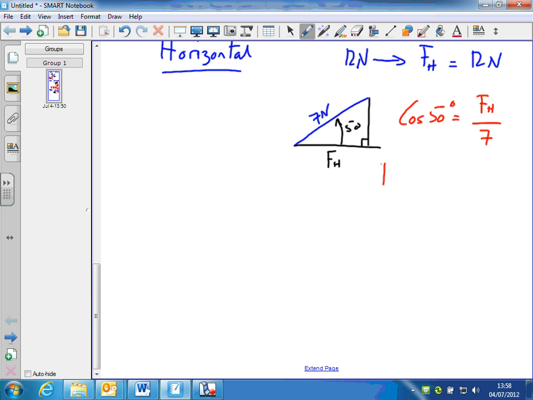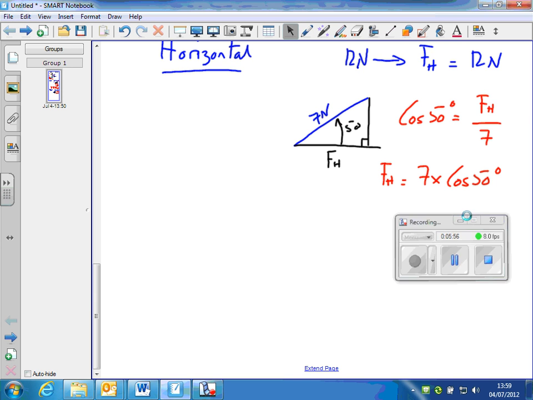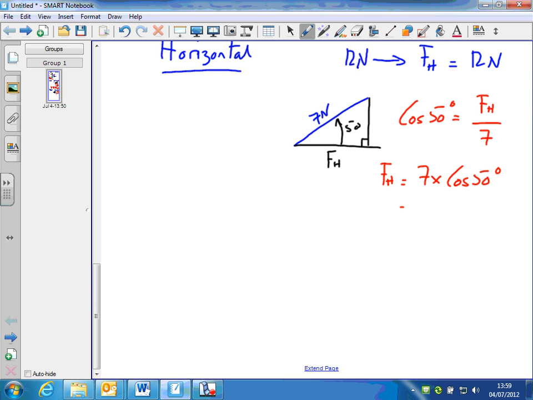So the horizontal component is 7 times the cosine of 50 degrees, which equals 4.50 newtons to 3 significant figures.